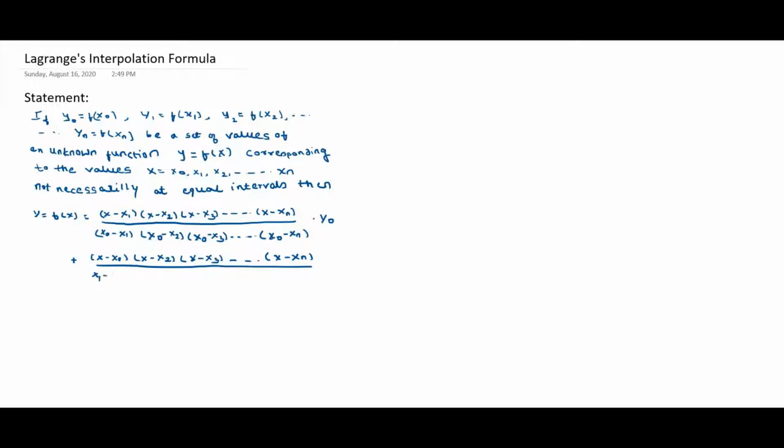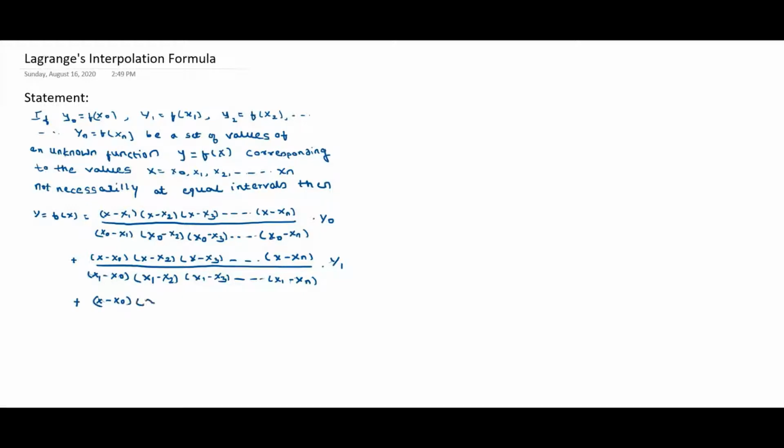So that is x1 minus x0. You do not write x1 minus x1 because x1 minus x1 is equal to 0. So next term is x1 minus x2, next x1 minus x3, and so on, x1 minus xn, into y1.